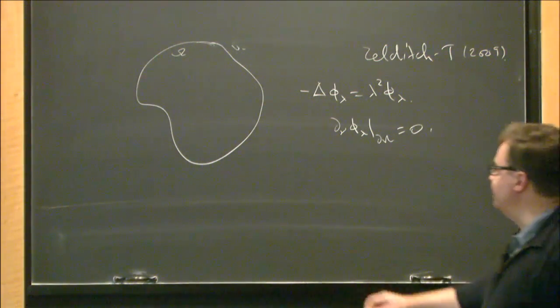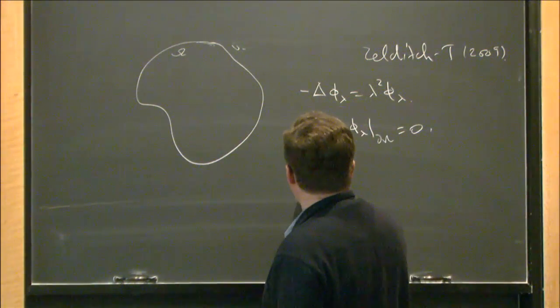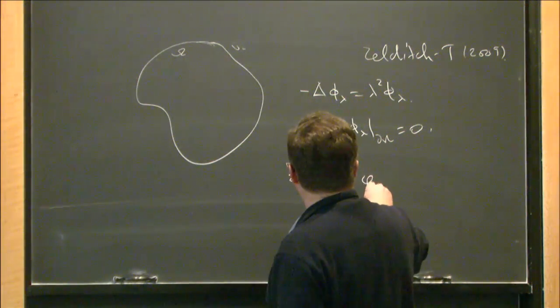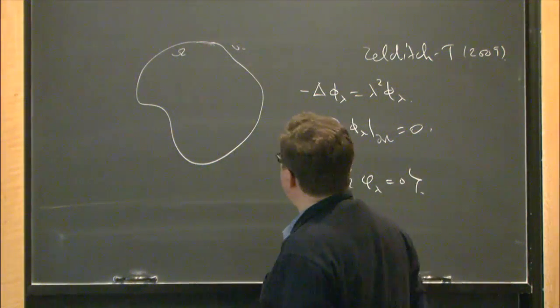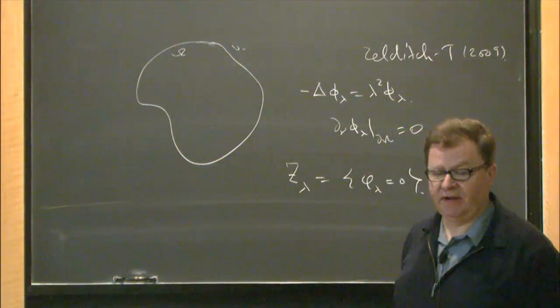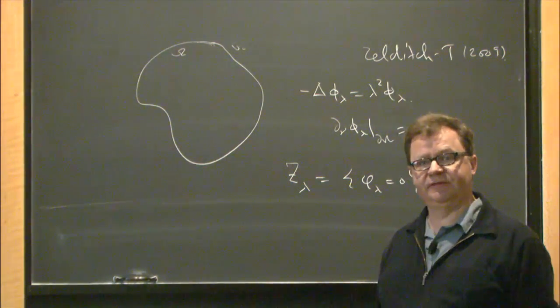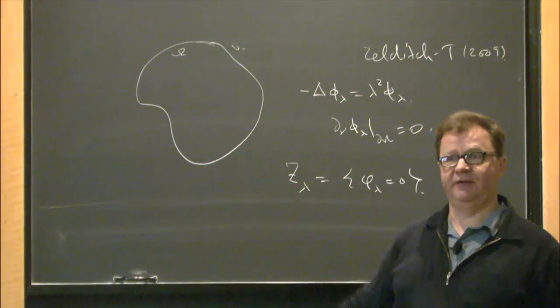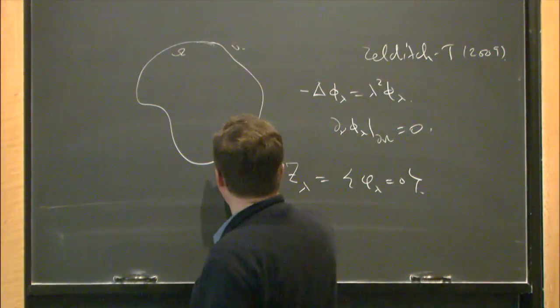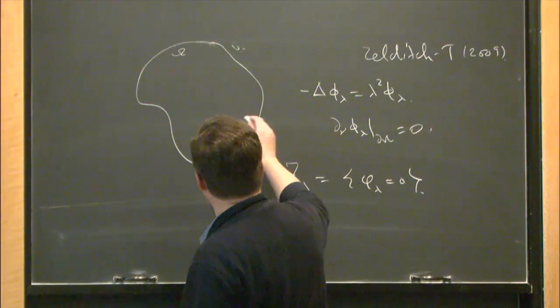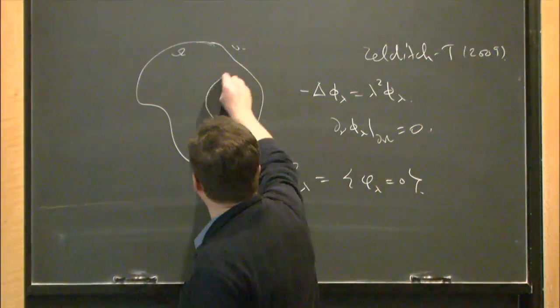And so we considered the zero sets, and in particular, we were interested in determining how many of these components of the nodal set intersect the boundary. So here's a nodal domain component. It could be long.